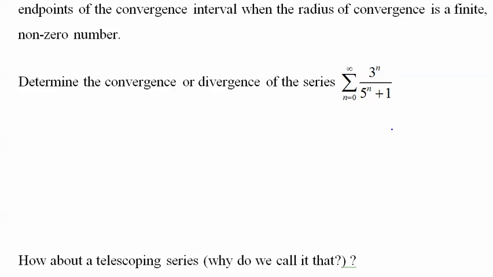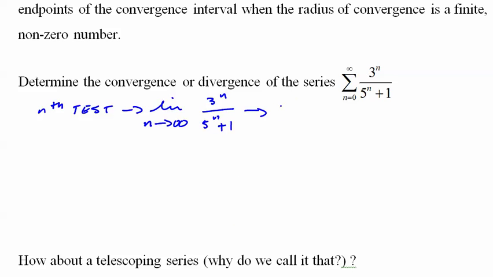Determine the convergence or divergence of the series. Well, we can do this in two different ways. We can use the nth term test, because it's just asking, does it converge or diverge? So we say, what's the limit as n approaches infinity of 3 to the n over 5 to the n plus 1? They both go to infinity, so we take the derivative: n times 3 to the n minus 1 over n times 5 to the n minus 1.